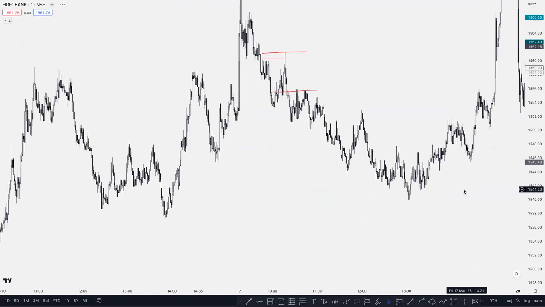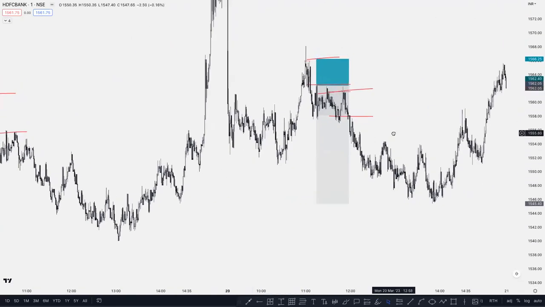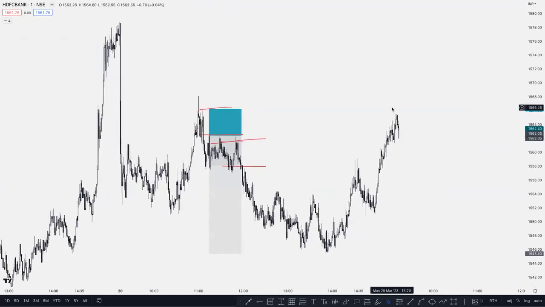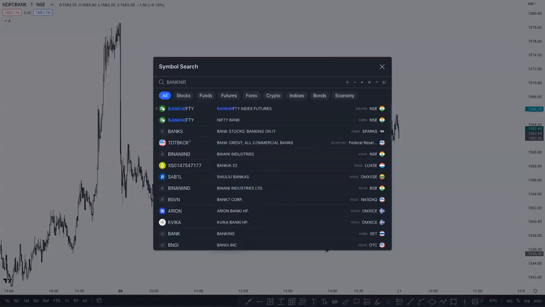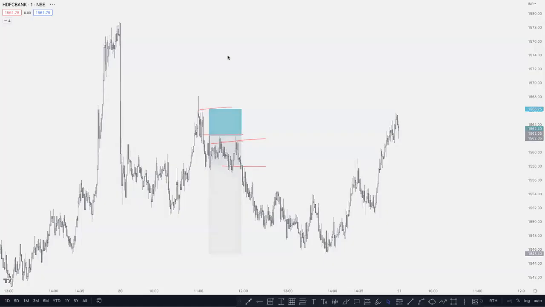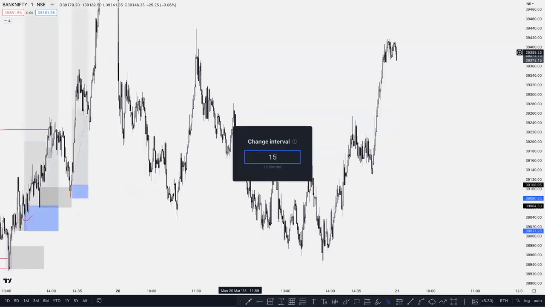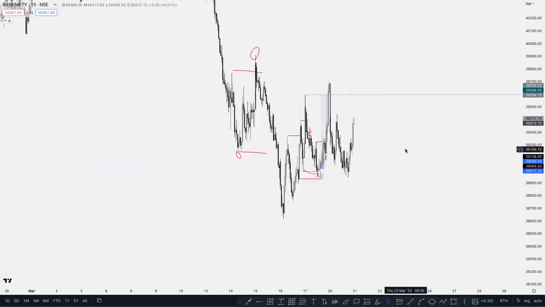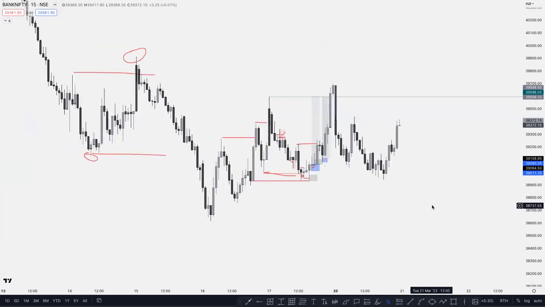Nifty, Bank Nifty, and this is a trade exactly. Nifty. Bank Nifty is a similar story.